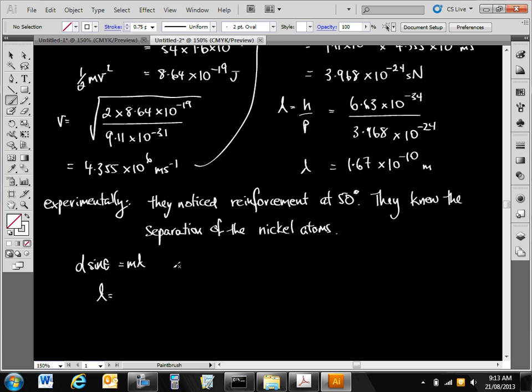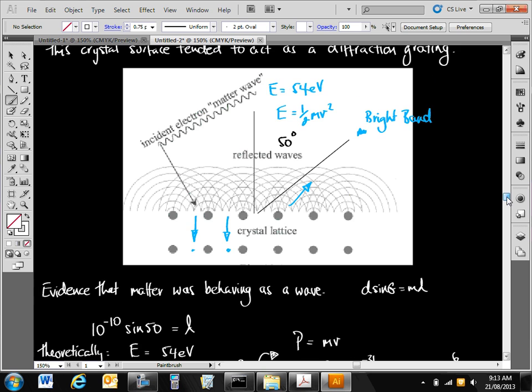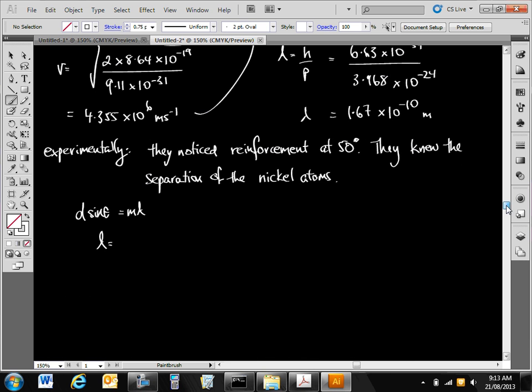Lambda is equal to, with m equals 1, so this is the first reinforcement line, this first bright band at 50 degrees, d is 2.15 by 10 to the minus 10 meters, the separation of the nickel atoms, or our diffraction grating, times sine of 50 degrees, which is equal to 1.65 by 10 to the power of minus 10 meters.